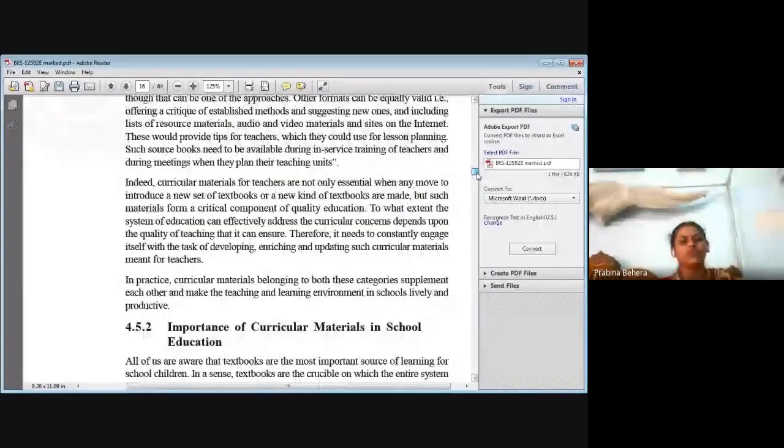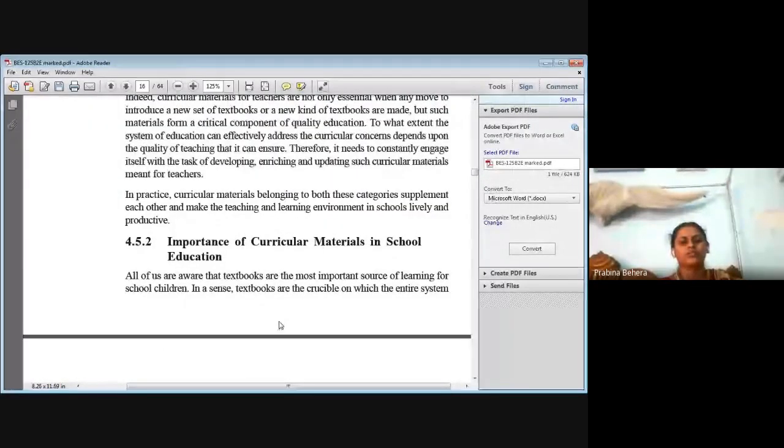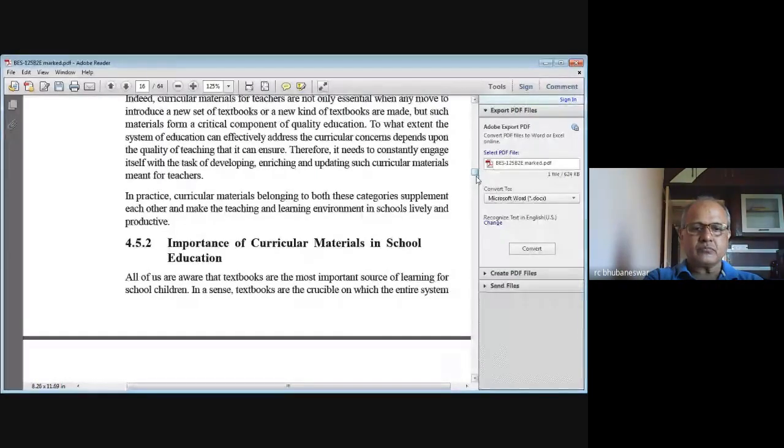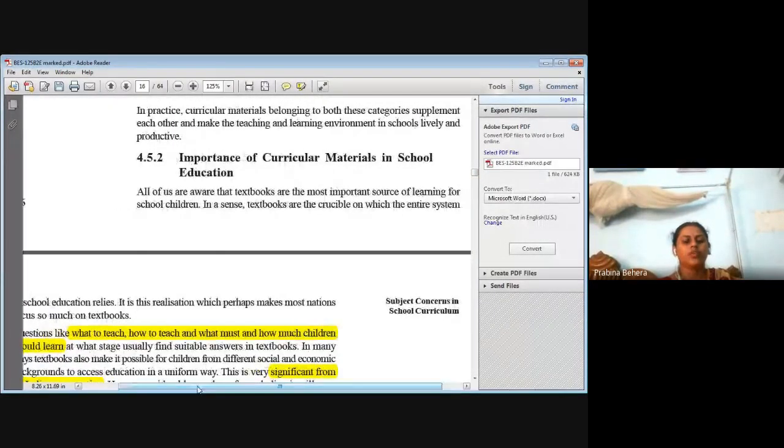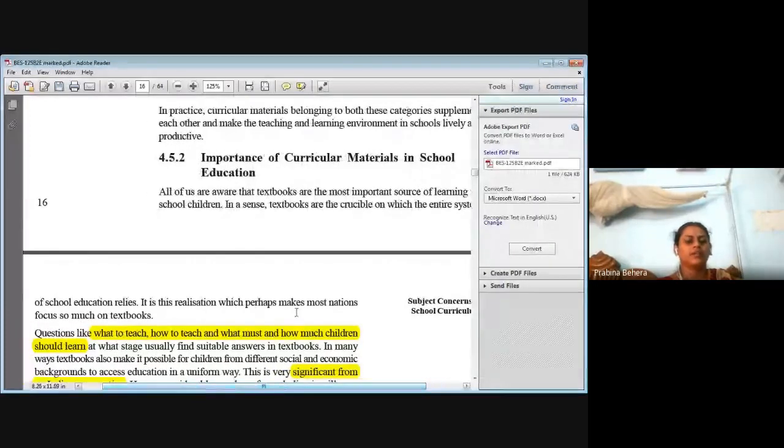Then the importance of curricular materials in school education. If we use curricular material in school education, what is its importance? As we have discussed earlier, it provides direction to the school system, or to the whole aspect of education.